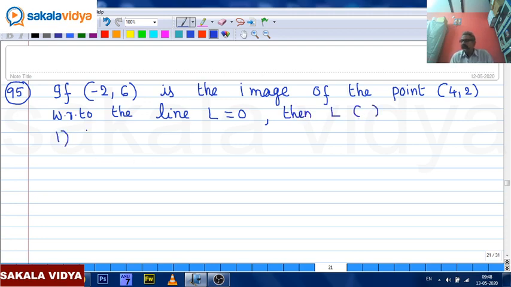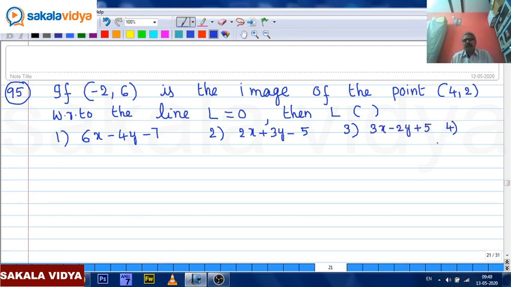First option 6x minus 4y minus 7, second option 2x plus 3y minus 5, third option 3x minus 2y plus 5, fourth option is 3x minus 2y plus 10. This is the question.